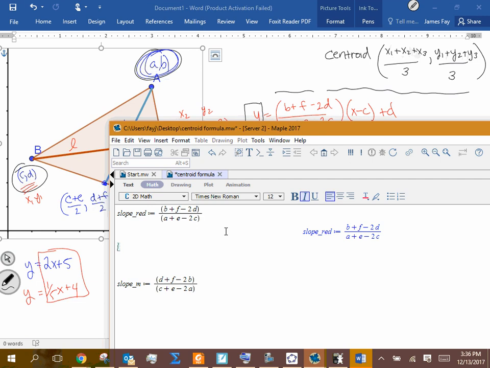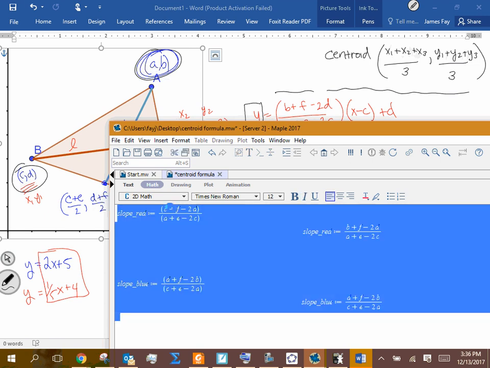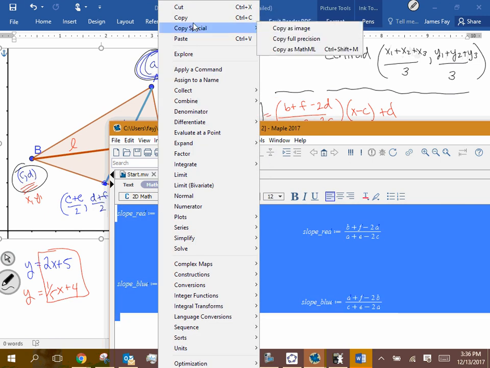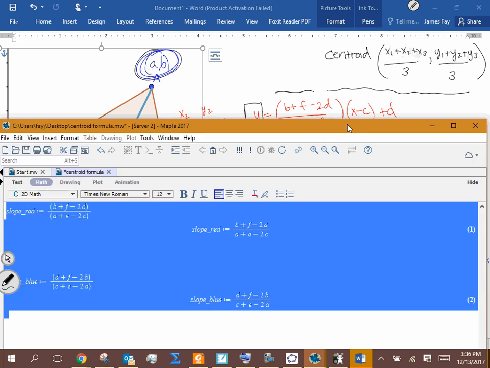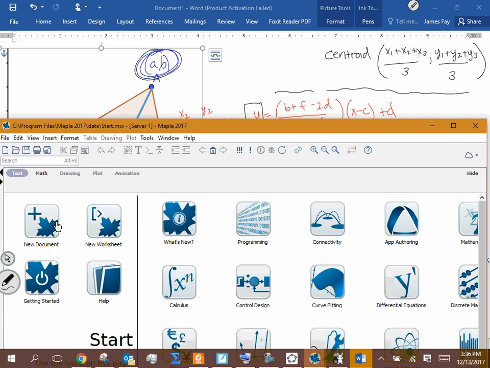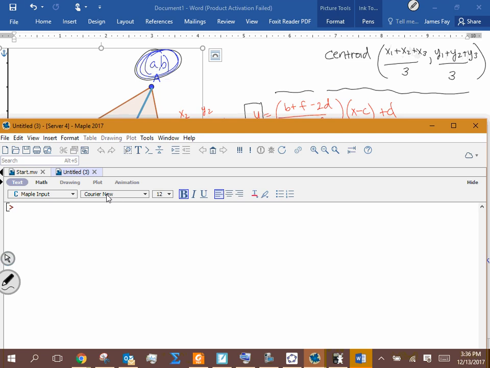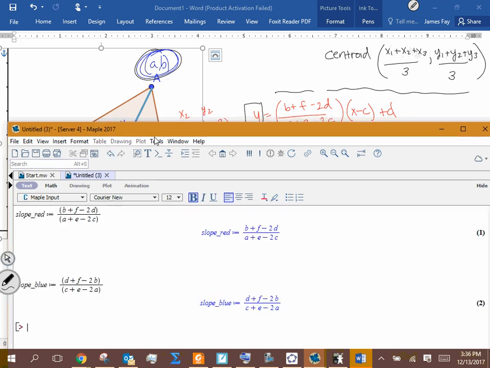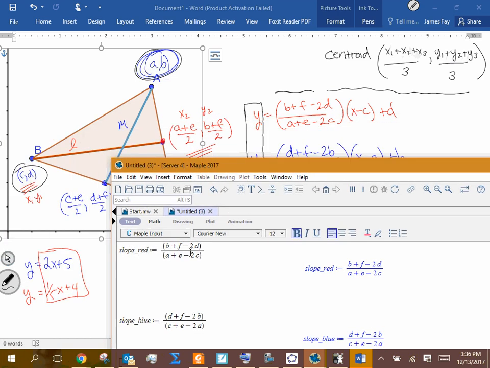Before I do anything further, I'm actually going to type this into a different worksheet because I'm afraid that what I've done there is going to mess things up and not prove my point. So the slope of the red line is that.